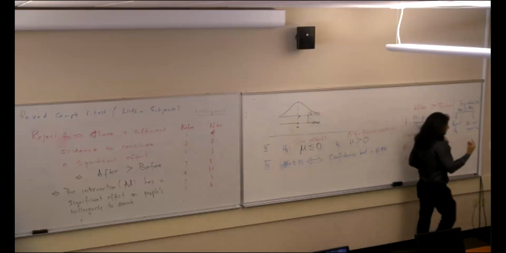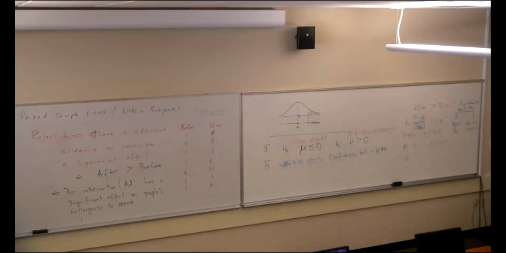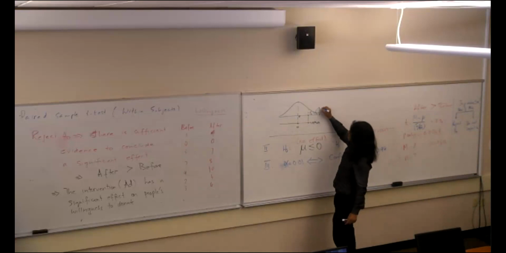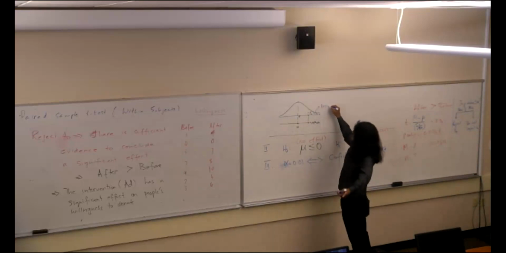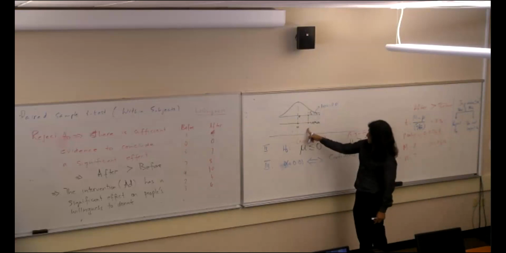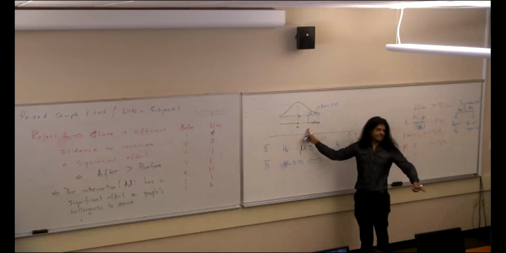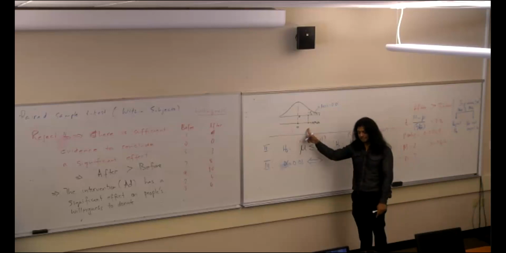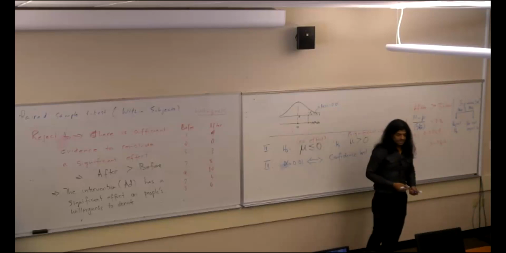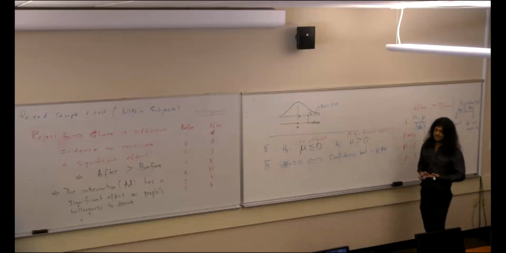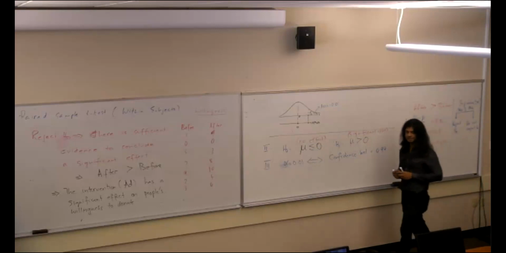What is the shaded area under the curve? What is that amount? 0.01. That cutoff, you either get it from the table or you get using inverse T. So in inverse T, if you put the area below and put the degrees of freedom, what number do you get? 3.14.